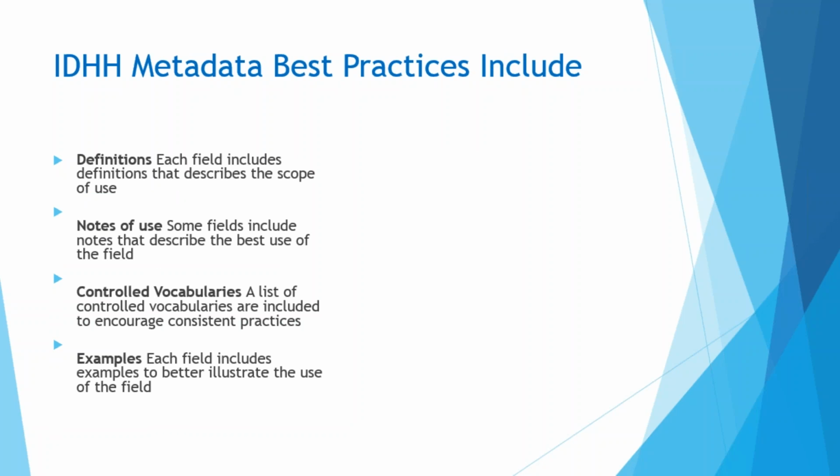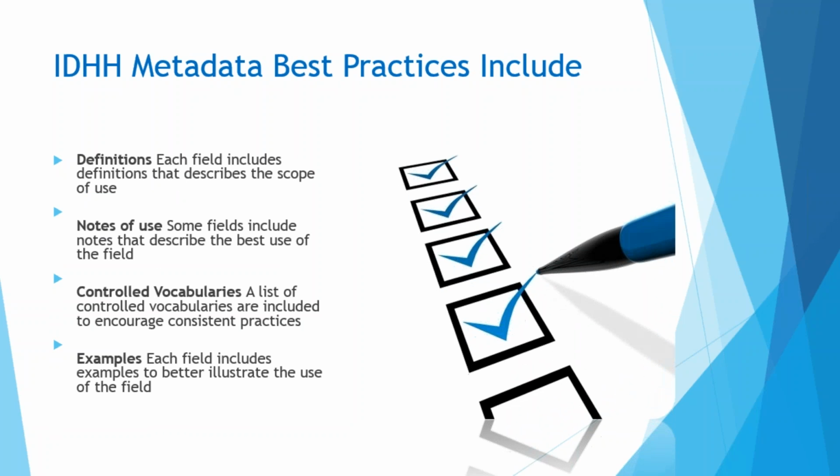So each of the metadata fields in the IDHH Metadata Best Practices includes a definition that describes the scope of use. Following that, each field includes notes that give information on how best to use that field. Some, though not all, include a list of controlled vocabularies where that is appropriate.